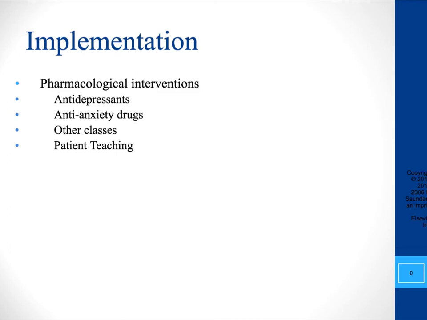And as I said, benzodiazepines are most commonly used because they have a quick onset of action. But you have to be careful because they do have a potential for dependency, and should only be used for short periods of time, even though they're long acting. I said not to be used as PRN, but they shouldn't be taken for a long period of time, such as months or years.